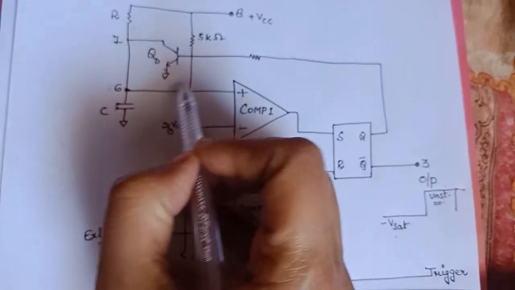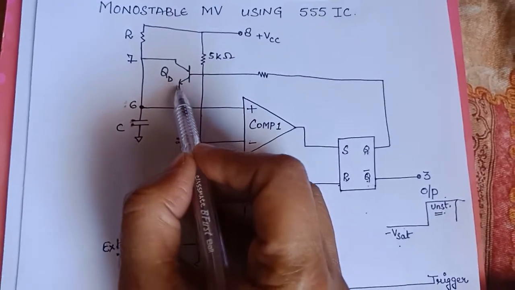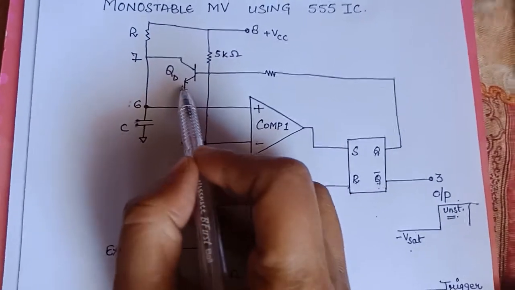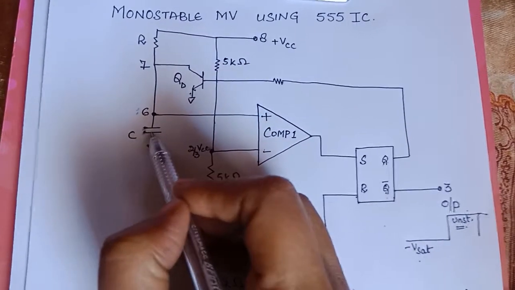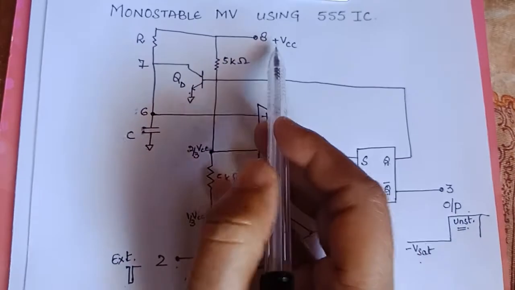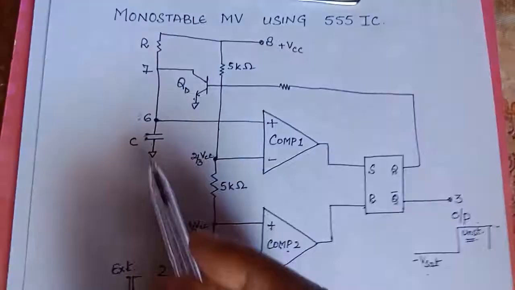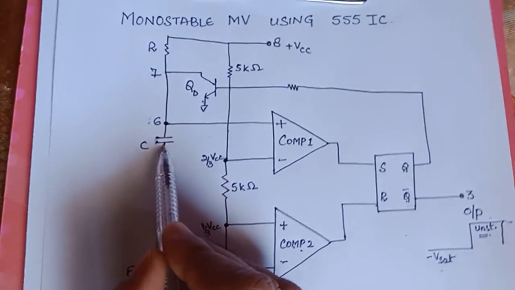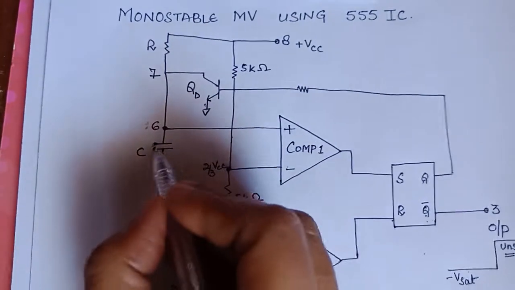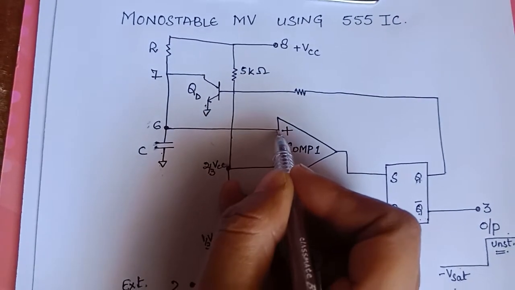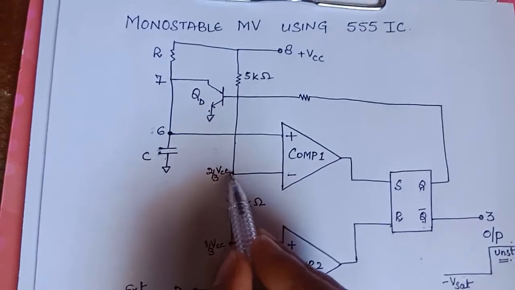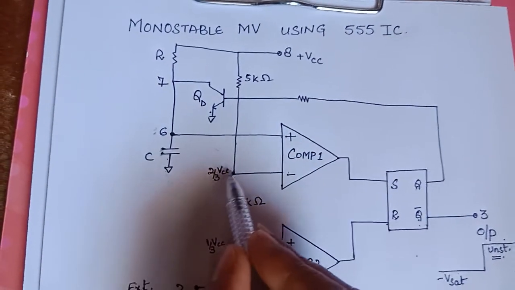Next, your transistor QD will be off. When it is off, your capacitor will start charging from VCC through this path. This point is connected to the positive terminal of comparator 1, and the negative terminal is at 2/3 VCC.